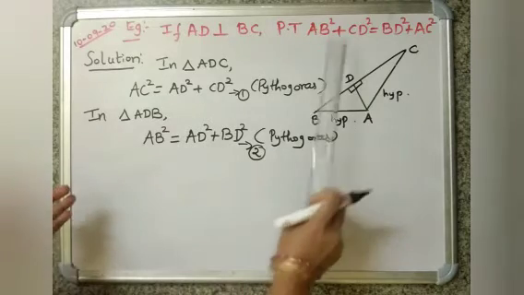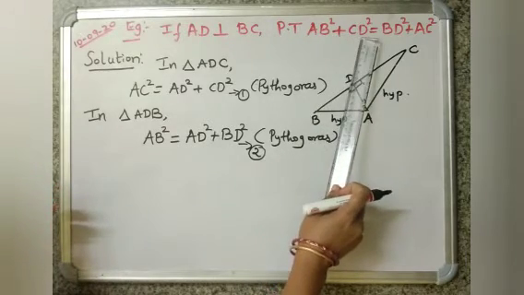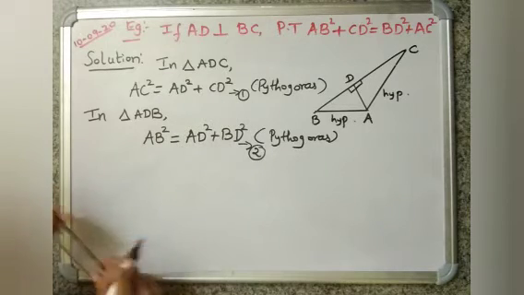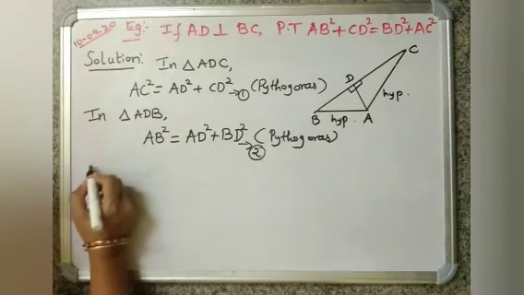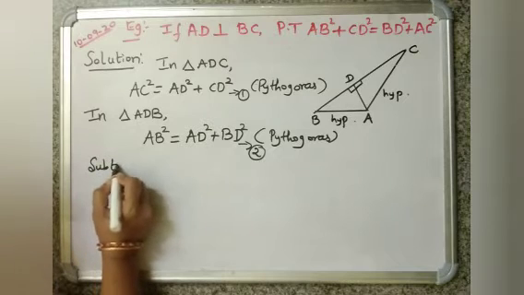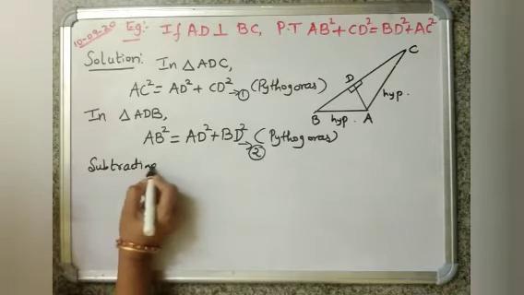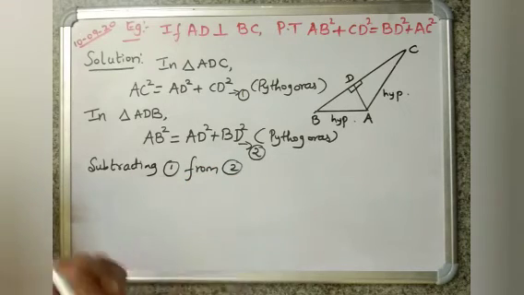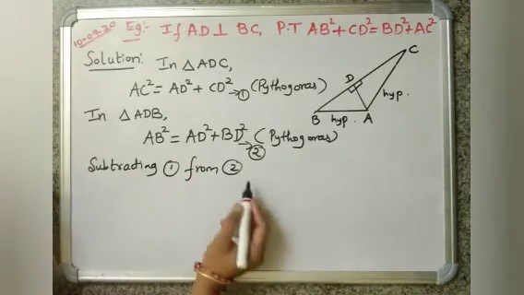Now we want here AB square plus CD square. So what can be done? We will subtract, subtracting equation 1 from equation 2. What we have now?